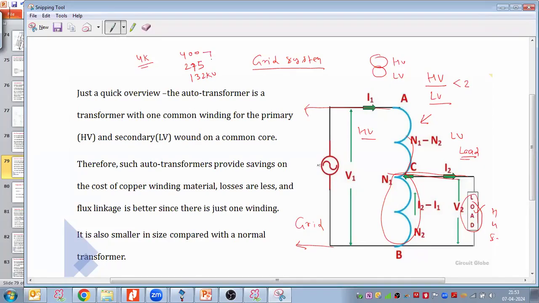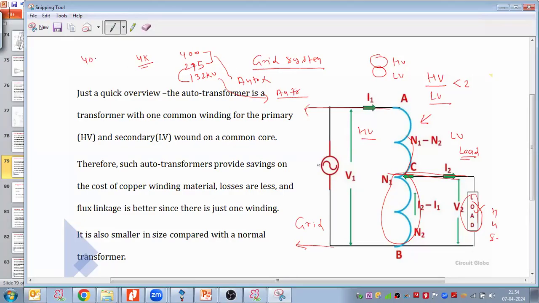So in 400 by 275 kV, obviously they will use the auto transformer. In 275 kV by 132 kV, again they use auto transformers, even though the voltage ratio is high.